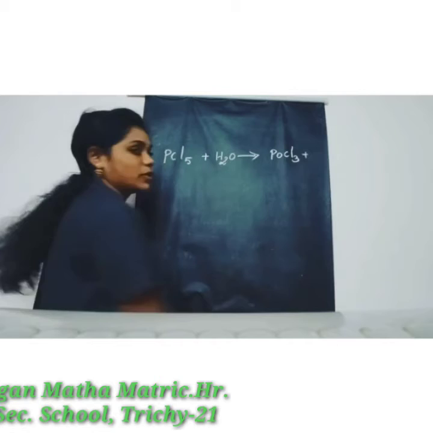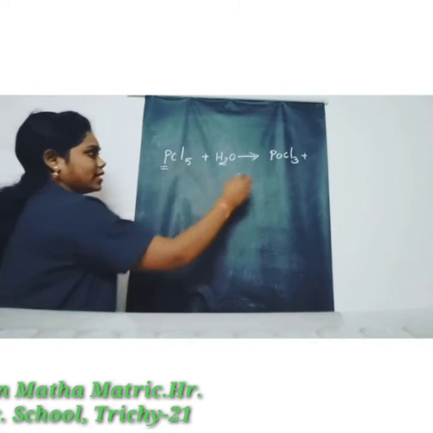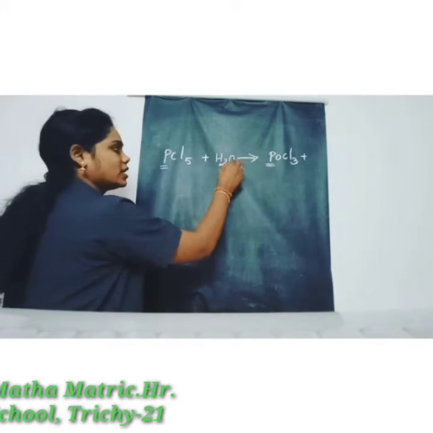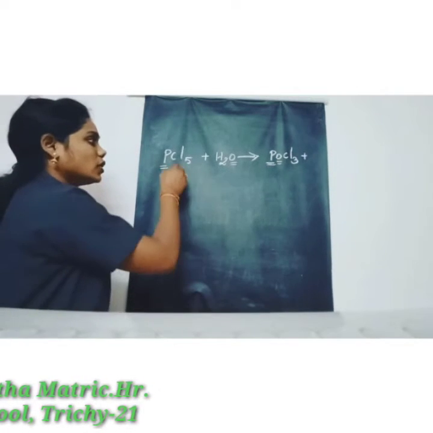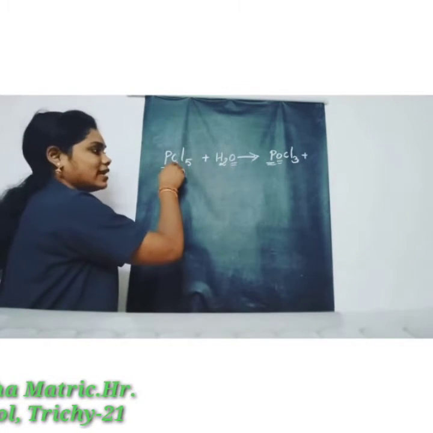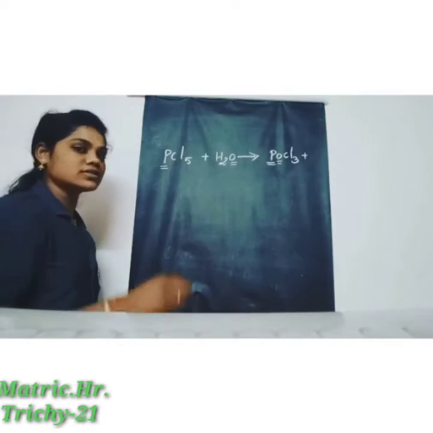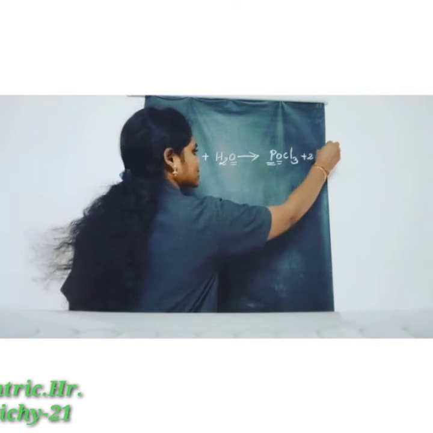Here phosphorus one time, here also phosphorus one time. Oxygen here one time, here also oxygen one time. Chlorine, here 5 times, here only 3 times. So remaining chlorine is 2 times, plus 2 times of Cl.